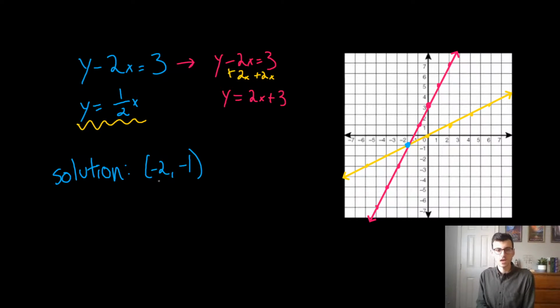For example, if x was -2, that would be y minus 2 times -2 is -4. So y plus 4, y is -1. -1 plus 4 is 3. In the same way here, 1/2 of -2 is -1. So that's your solution to that system of equations.